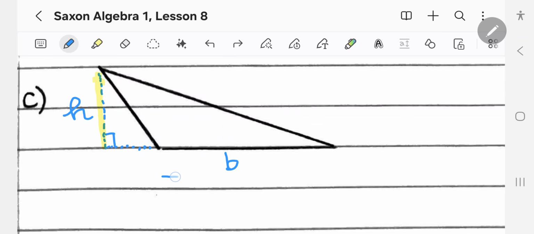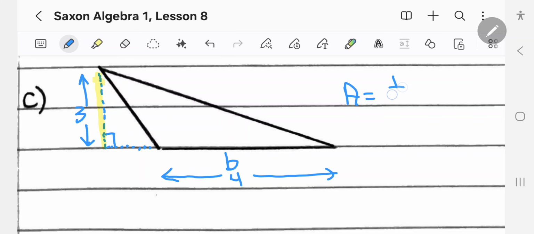So let's put our measurements in again. This base is 4, and this height is going to be 3. Okay, so our area is going to be equal to 1/2, or I'm going to write the way the book does, base times height divided by 2. Area is going to be equal to 4 times 3 divided by 2.